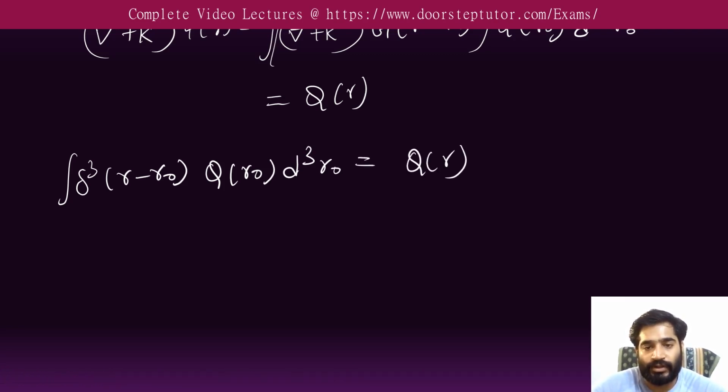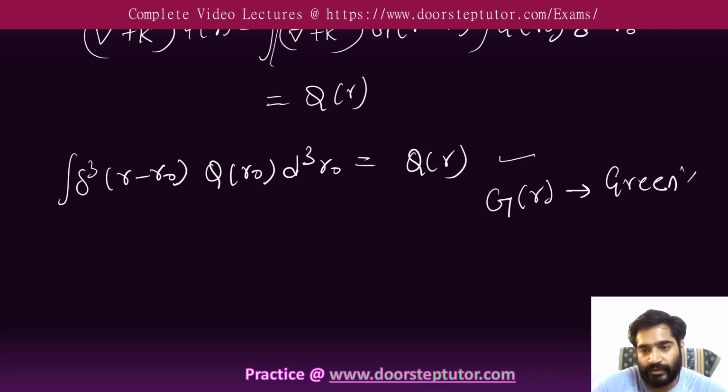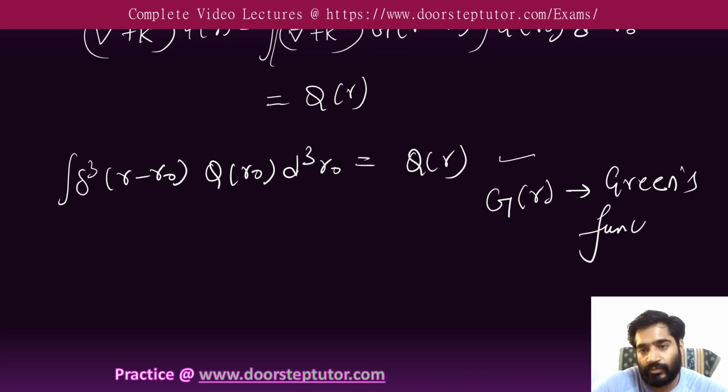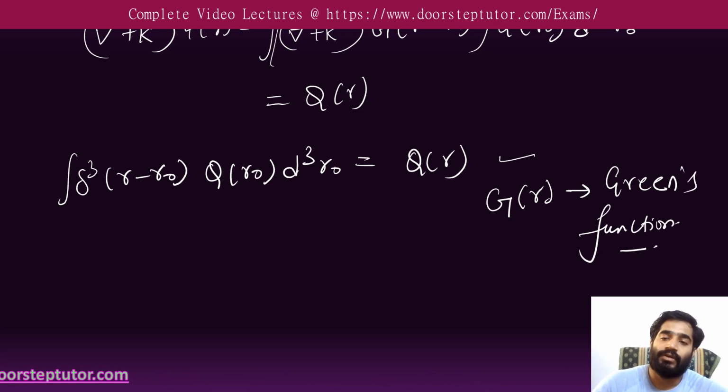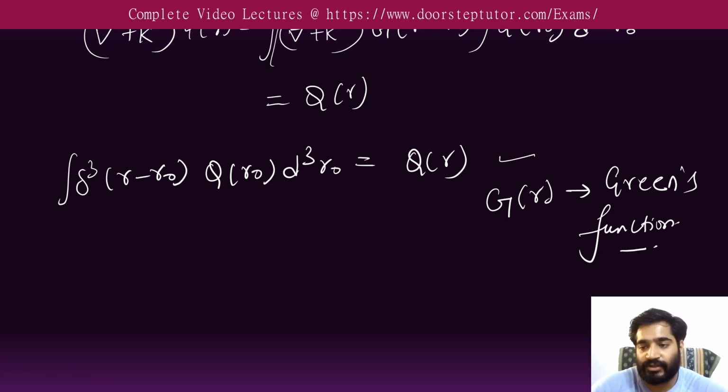This is the equation we got, where I am using G, which we call Green's function, that we already studied in mathematical physics. And del square plus k square psi equals Q is the Helmholtz equation.